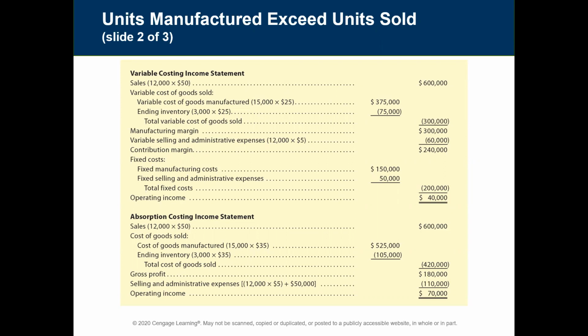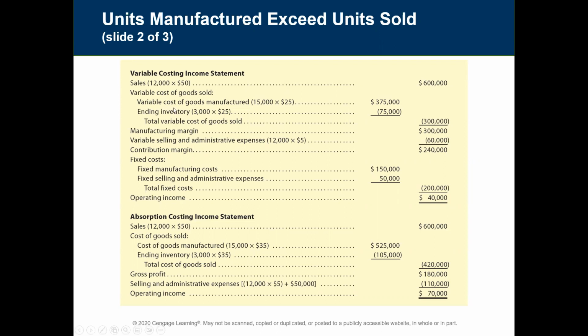And so there's an incentive, if management is being evaluated based on operating income, based on the value of our assets, for example, there's an incentive possibly to produce for inventory just so that the fixed costs move off the income statement.